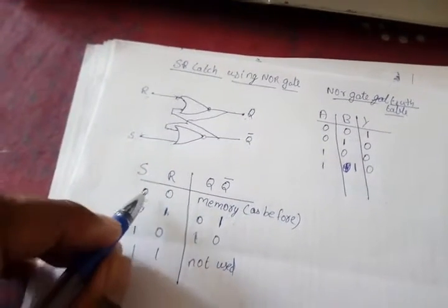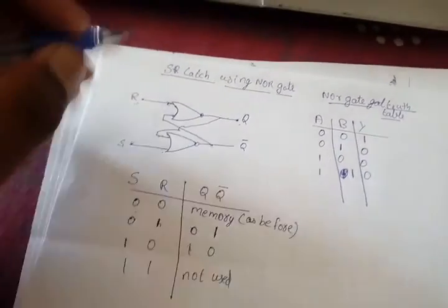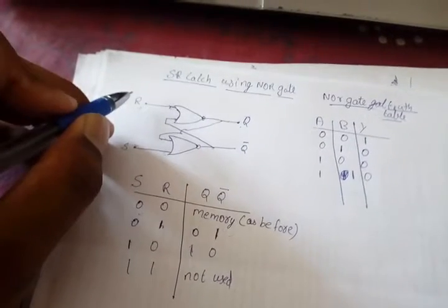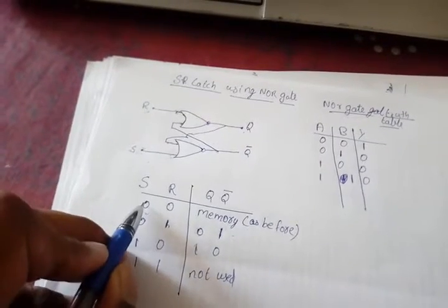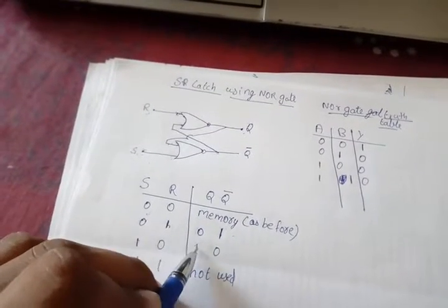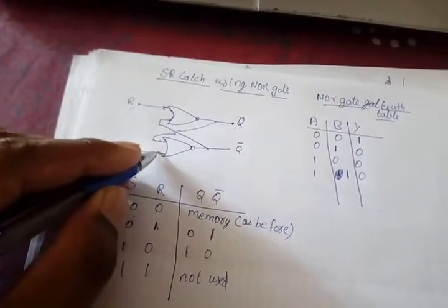Next case is what will happen when we give 0 0 when the output is 1 0. Here S is equal to 0 and R is equal to 0, then Q is 1 and Q bar is 0. Here S is 0 and Q is 1. That is, here it will be 1 and here it will be 0.